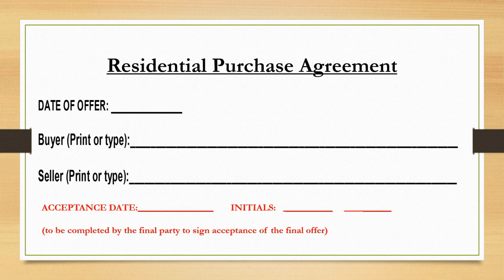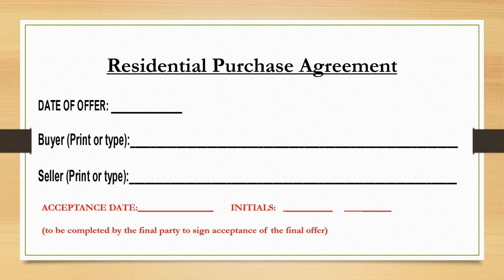From an education standpoint, the realtors need to be aware that this acceptance date and initials, highlighted in red here, is where the last party to sign the acceptance of the final offer needs to flip back to page 1 and fill in that acceptance date, and both parties will need to initial.